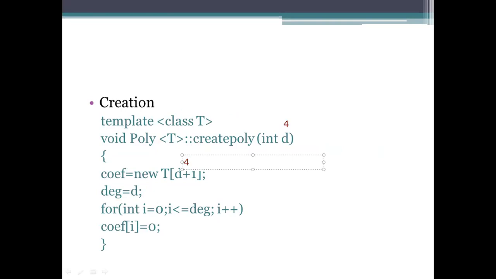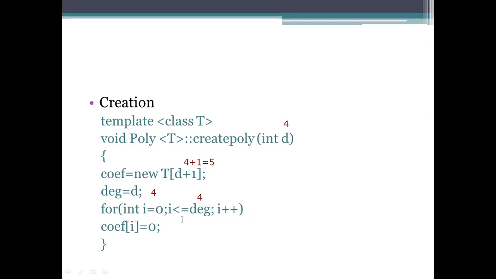We need to take 4 plus 1, which is 5 values, and initially the degree will be 4 only. Here we are starting from 0 and the degree will be 4, so there is no problem. If you start from 1, then you need to display the degree plus 1 value.